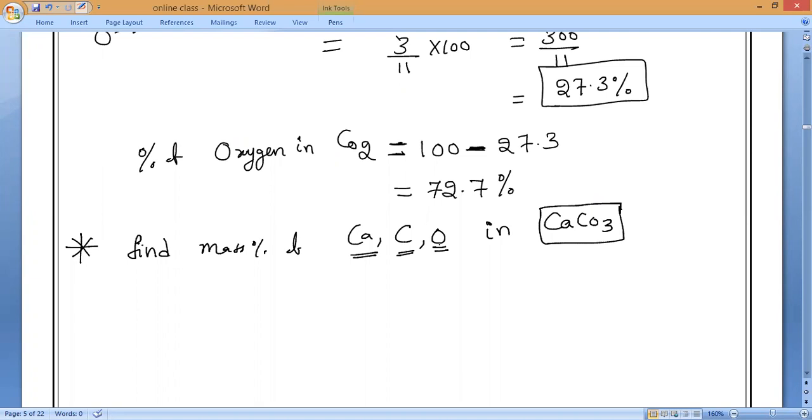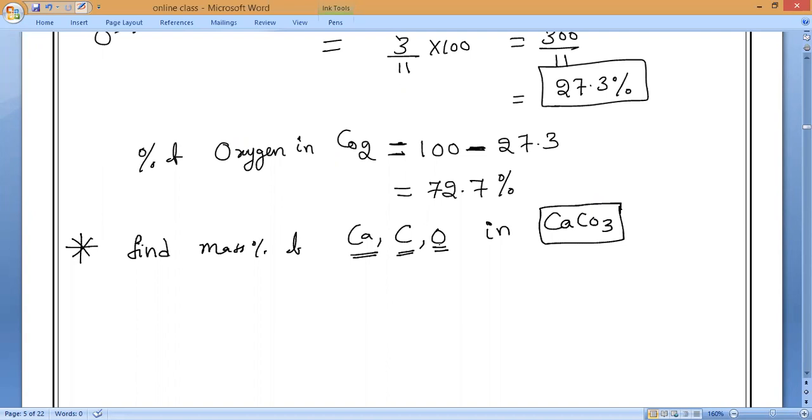You cannot. Be very careful. Only when 2 elements are there in a compound can we subtract the second one from 100. If there are more than 2, we always need to use the formula only. We cannot find it by subtracting from 100. Is it okay, guys?